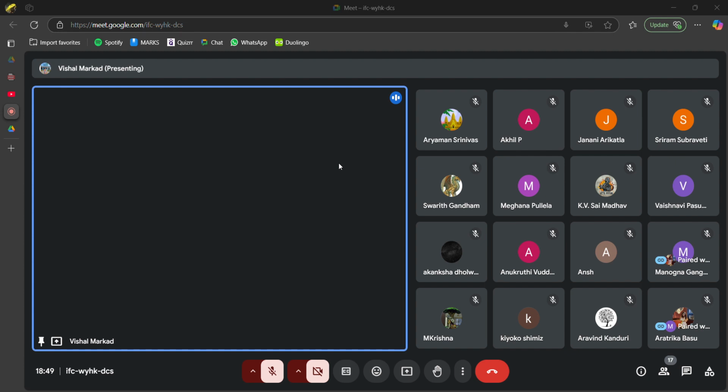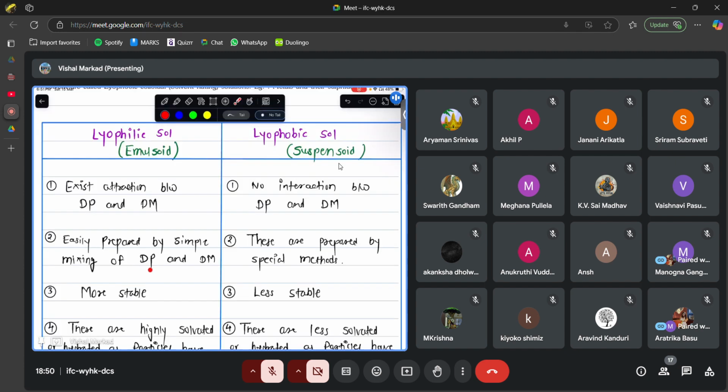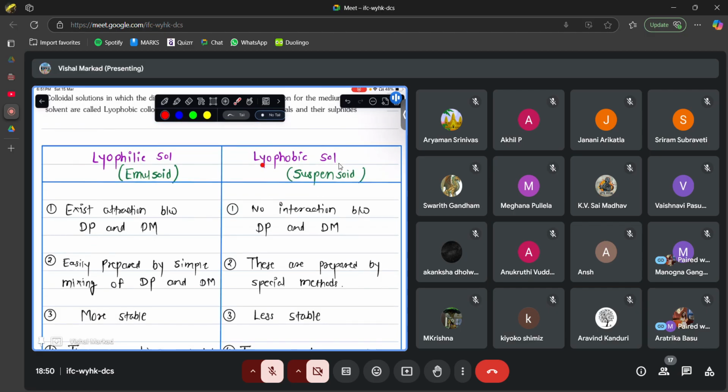So we can easily prepare it by simply mixing disperse phase and dispersion medium. Is such preparation possible in lyophobic? No, it is not possible. Why? Because the disperse phase is solvent hating. It doesn't want to mix with the dispersion medium. So we require some special method to prepare lyophobic sols.